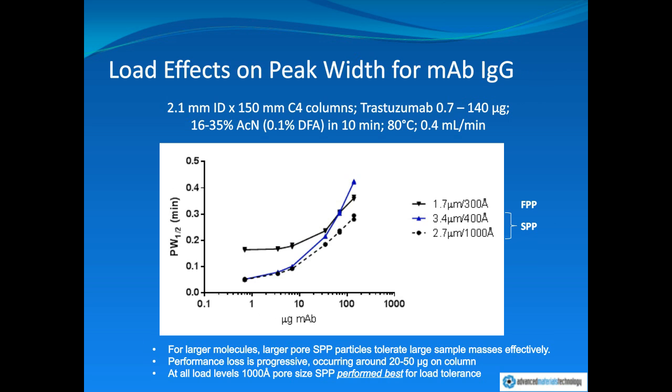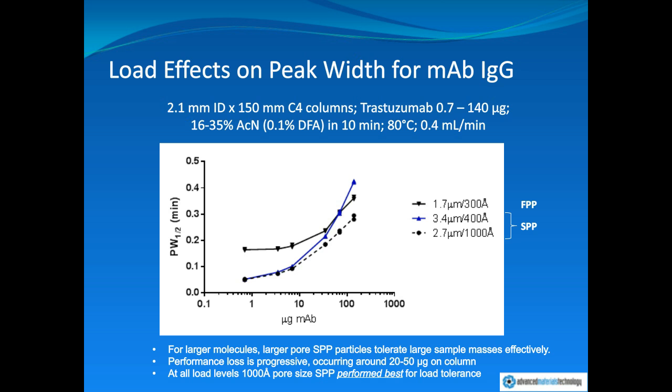What about load? Well, if we have a superficially porous particle, inside of that is a non-porous solid silica core. And that solid silica core contributes nothing to the ability to load a sample. It's not porous. It has no surface area. Does this limit the utility of superficially porous particles? Well, we looked at peak width as a function of load injected for monoclonal antibodies.